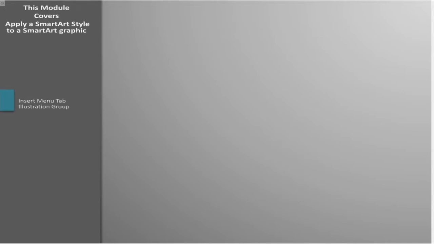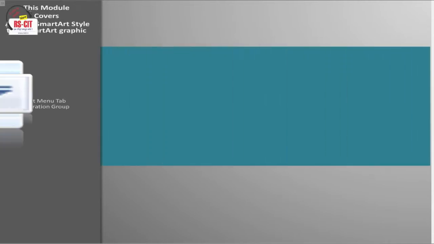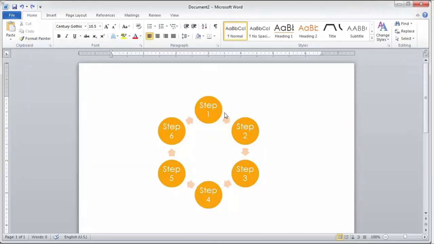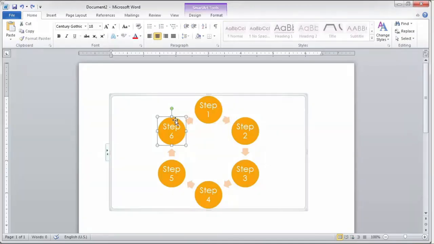Applying a SmartArt style to a SmartArt graphic. A SmartArt style is a combination of various effects, such as line style, bevel, or 3D, that you can apply to the shapes in your SmartArt graphic to create a unique and professionally designed look.